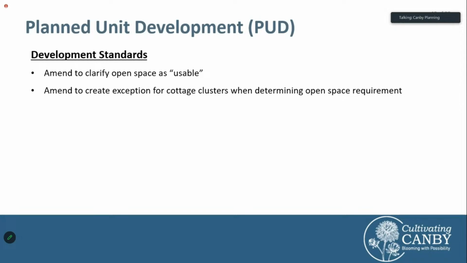So depending upon the density of that cottage cluster, you may net more overall, just based on that math. But the idea here is to really incentivize the diversity of housing in that PUD. And we think that one way in which you can do that is to provide that slight benefit in that open space calculation.